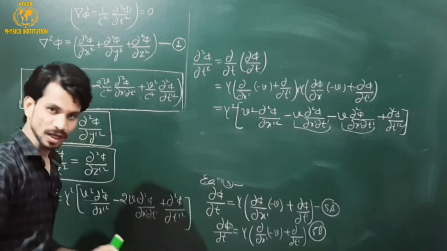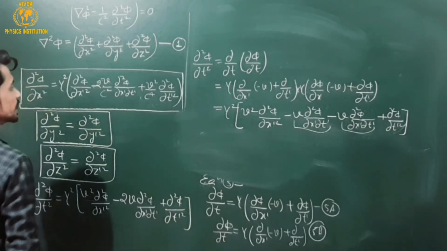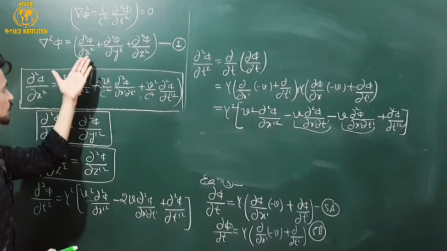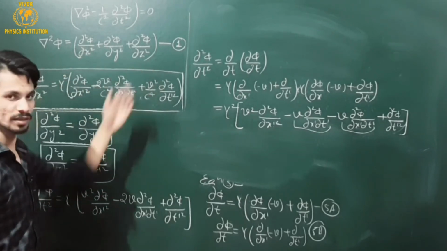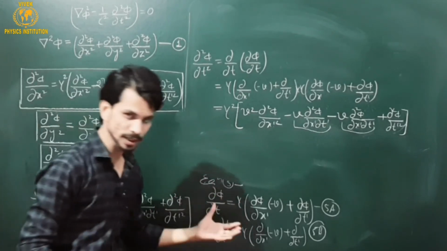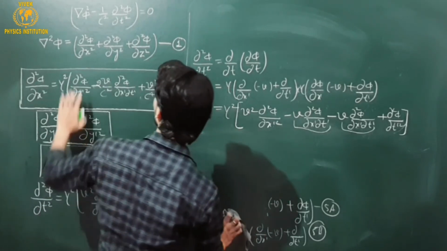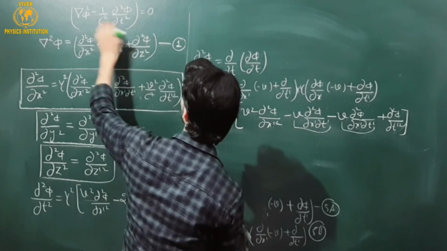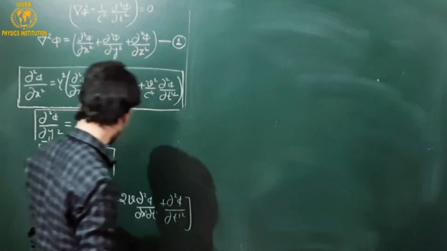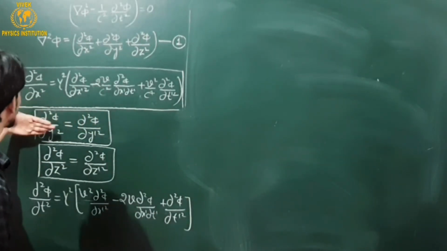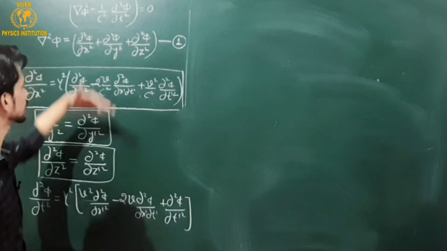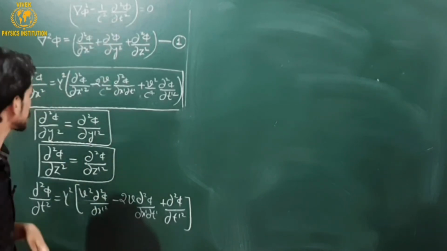Okay, so now these are the values of the second derivative of phi with respect to x, y, z and of course t. Now let me put all these values in equation number 1, the wave equation directly. I am writing the values of this one, this one, this one and that one in the first equation, the wave equation.